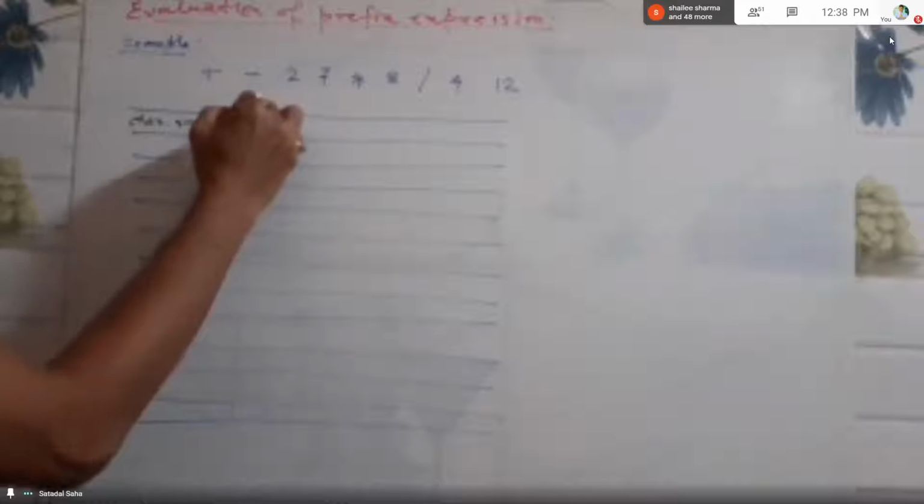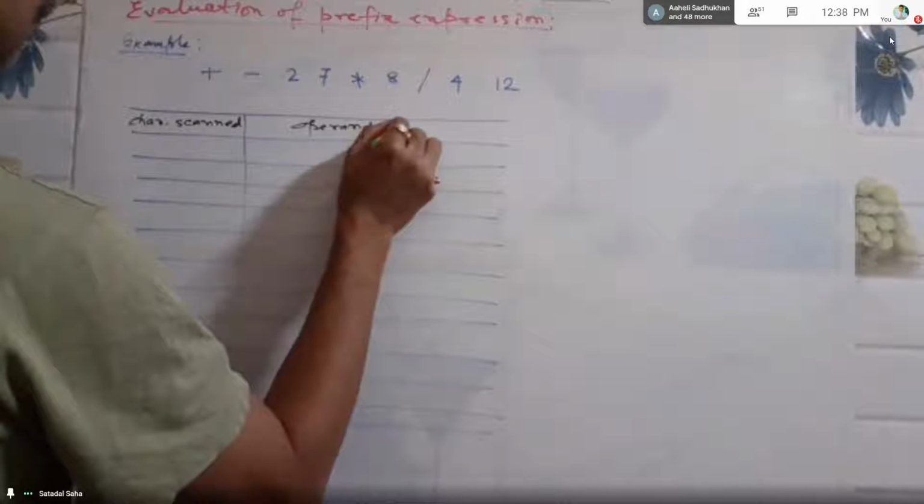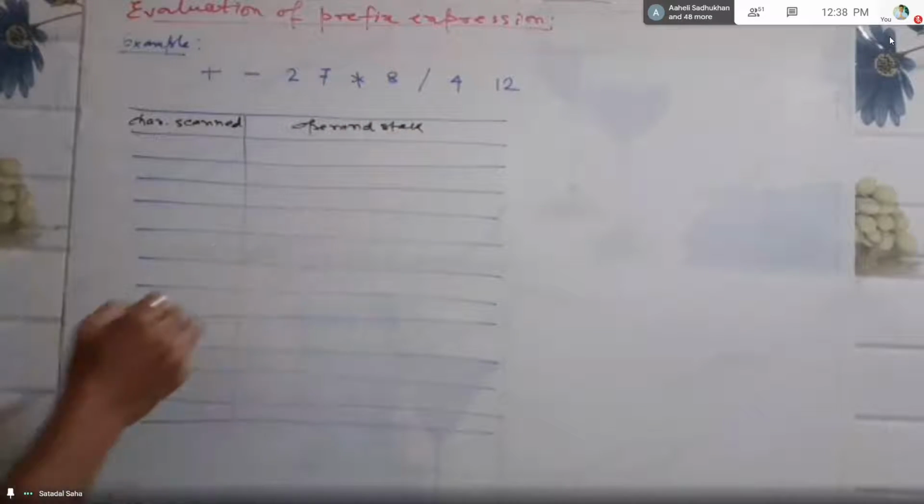It is character scan and it is operand step. Okay, so steps are very simple. You have to follow from the right, not from the left. So in this case, to evaluate this prefix expression, we need to follow from the right.